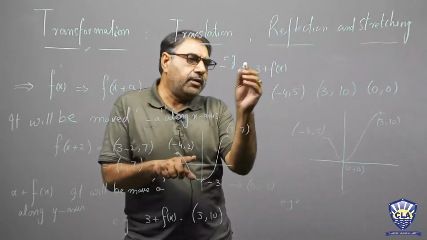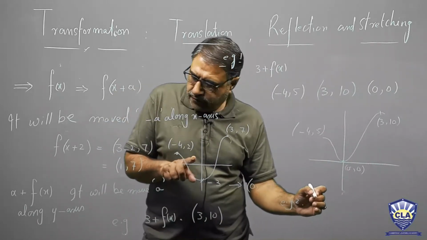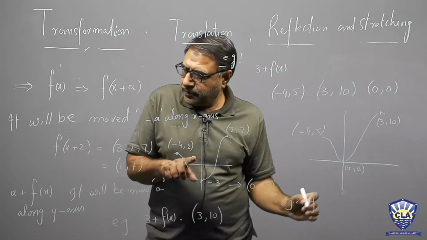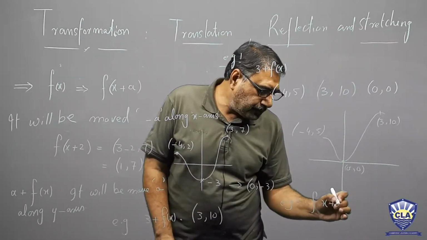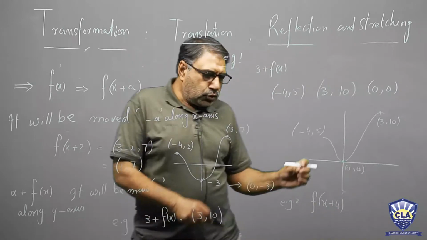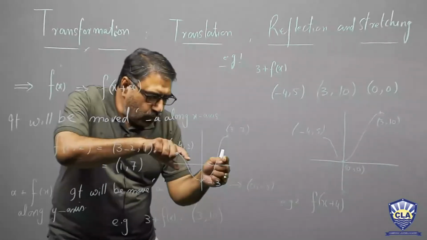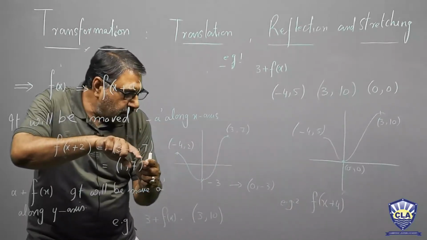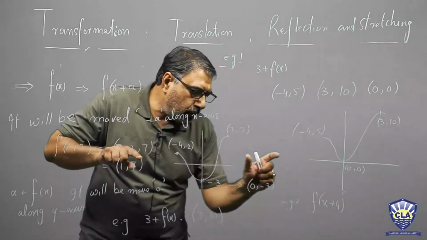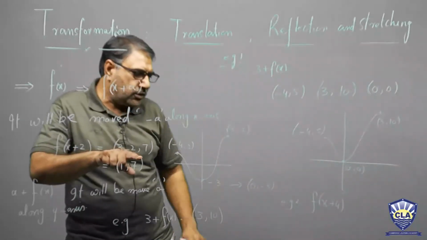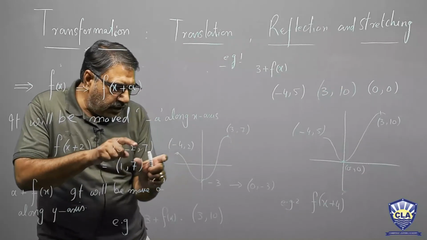It is example number 1. Example number 2 is f of x plus 4. So it is positive 4, to move to that side. If it is minus 4, then we will move the curve in the positive direction. Now it is plus 4, we will move this curve in the negative direction.